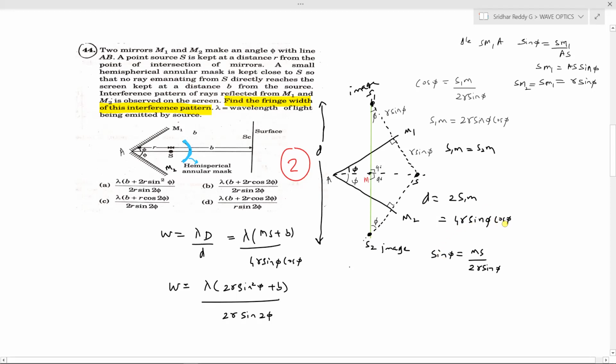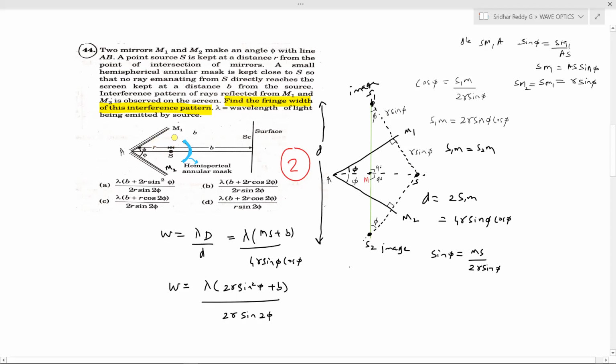Directly I'll go for the fringe width. For that, what should the capital D be? Capital D I'll measure from the slits to the screen.